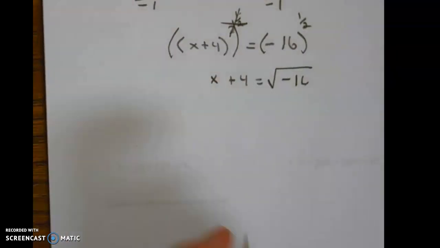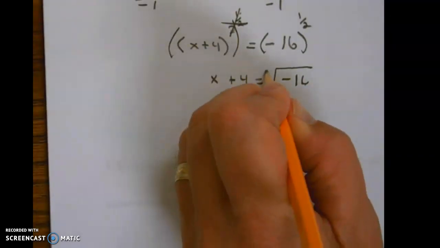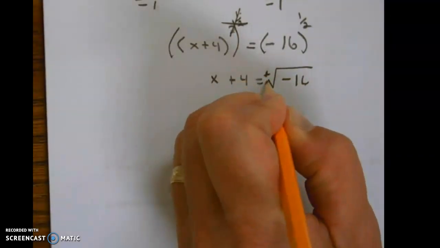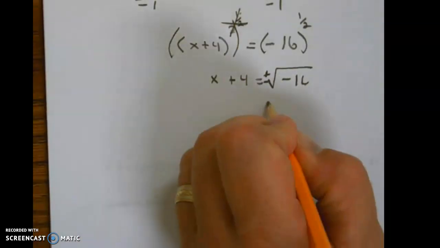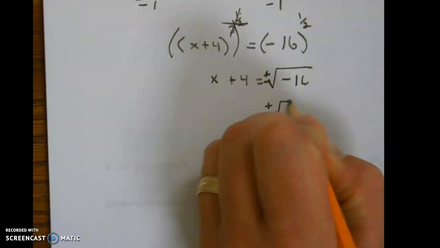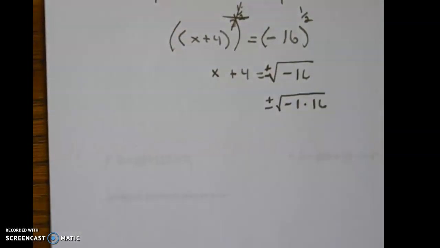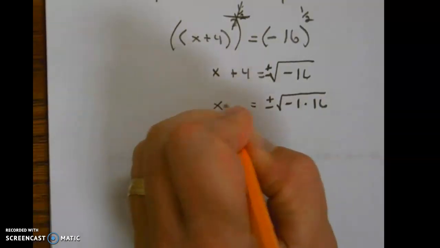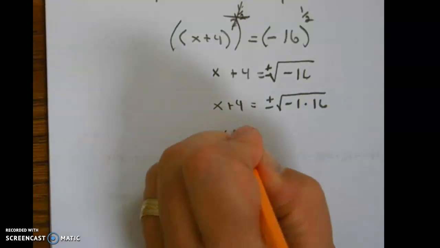All right, so from yesterday's lesson, we know that, first of all, don't forget the positive and the negative on the front, that we need to break this apart to simplify it. So it's going to be negative 1 times 16. So I'm going to go ahead and simplify this right now before I finish solving.